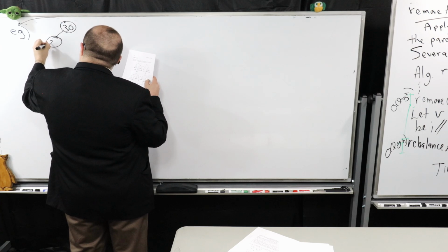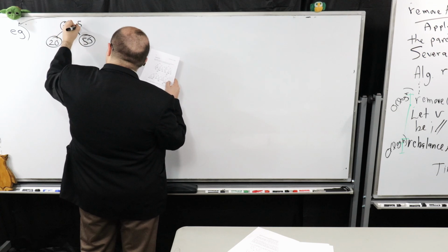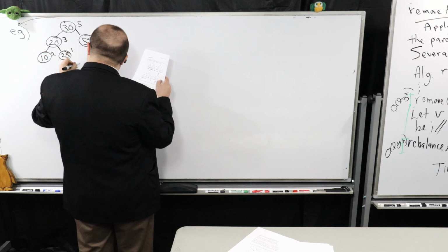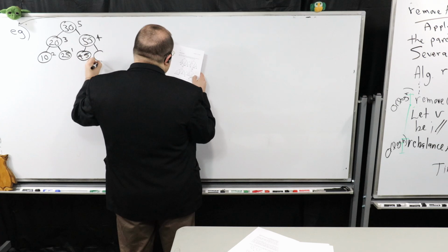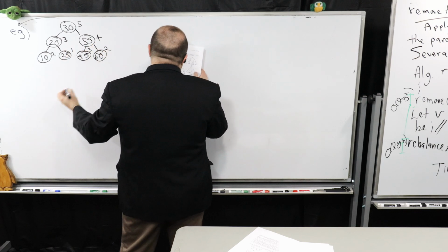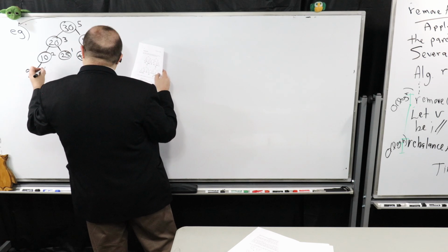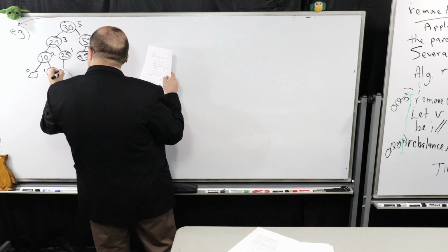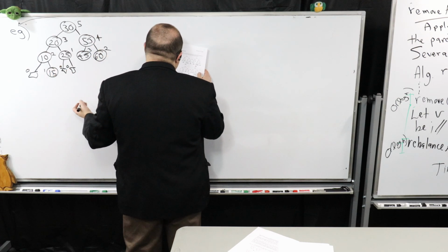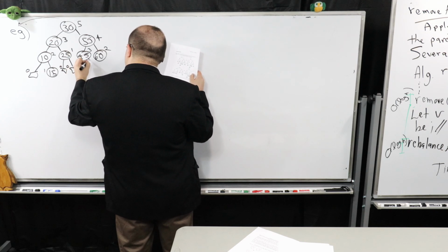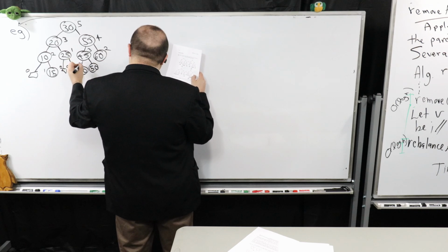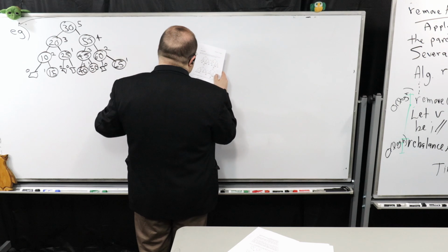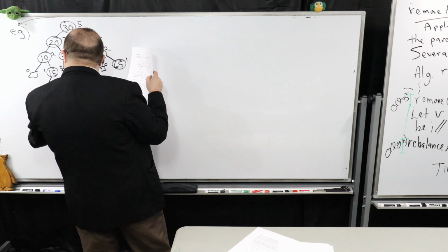It's 30, 20, 55, 10, 25, 45, 60, a leaf, 15, a leaf, then we're going to have 40, 50, then a leaf, then 65, and then the last couple levels, it should be just a leaf.